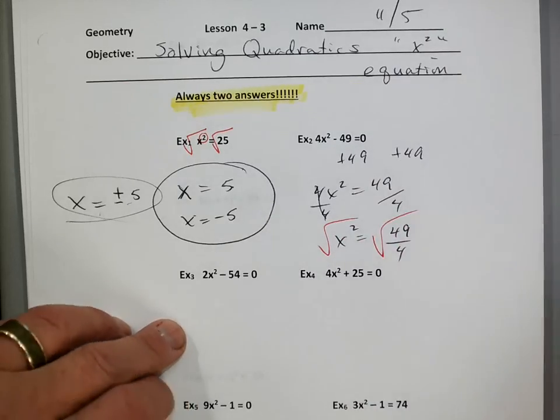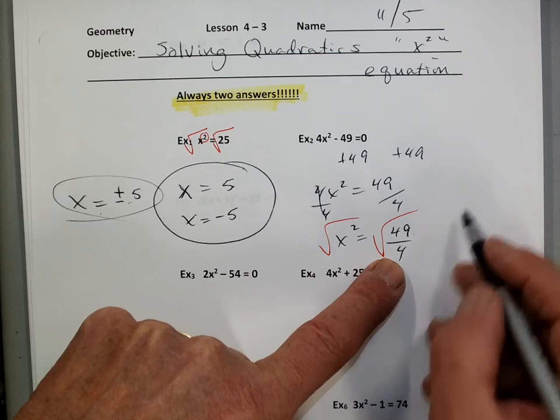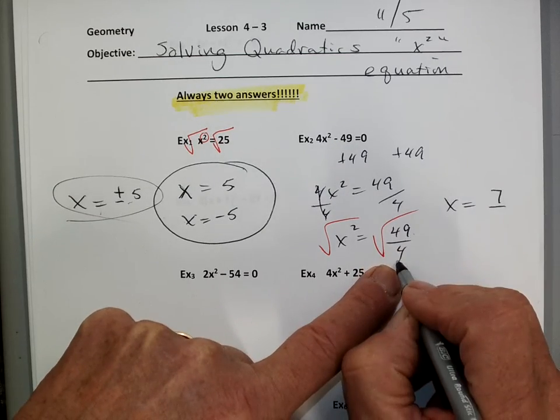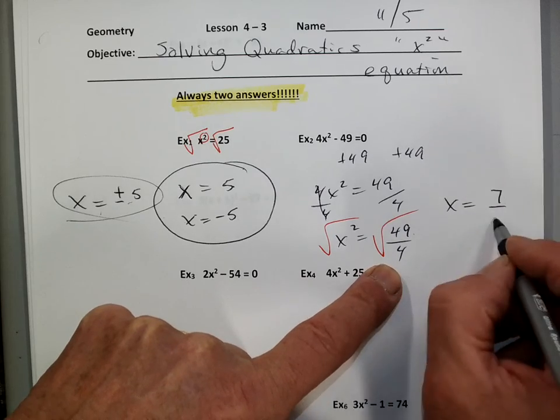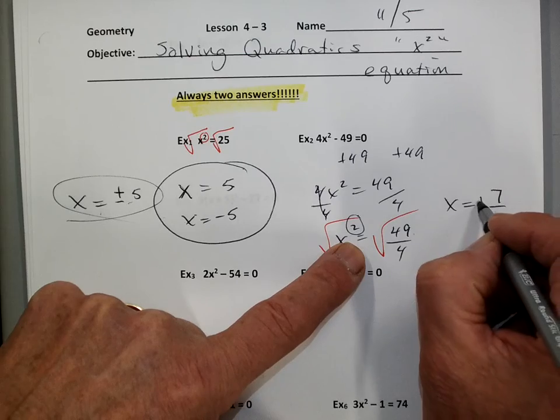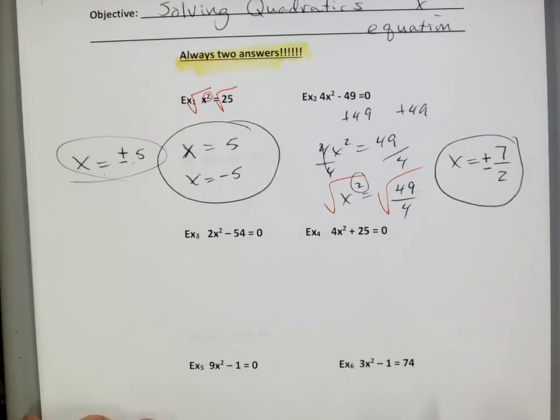And that one's not too bad to square root, because we know it's going to be a 7 and a 4. So x is equal to 7 halves, square root of 49, square root of 4 is 2, and we know there's got to be two answers, so I'm going to say positive 7 halves and negative 7 halves. So I get both answers, okay?